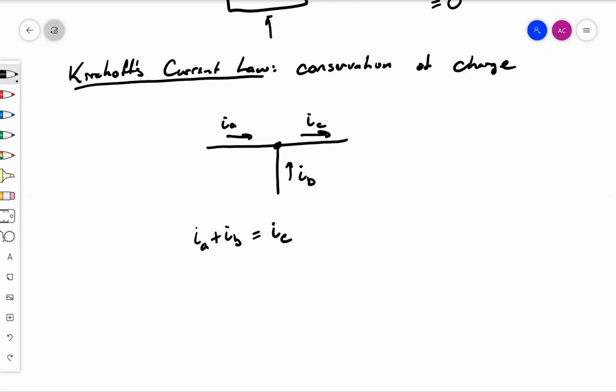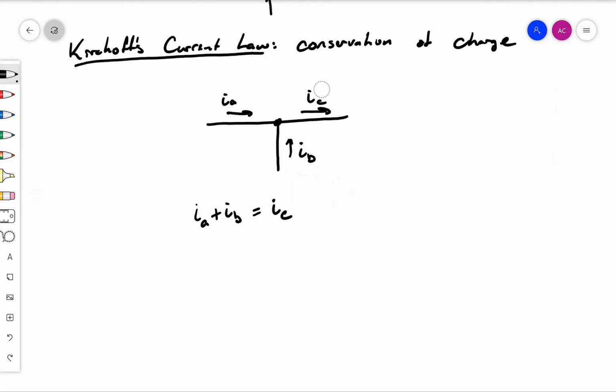If we look at this a different way, if we write IC instead as current entering the node, then IC would be on this side, and the sum would have to be equal to 0. How does this make sense? If we have all these currents entering the node, we have to have some current leaving, right?